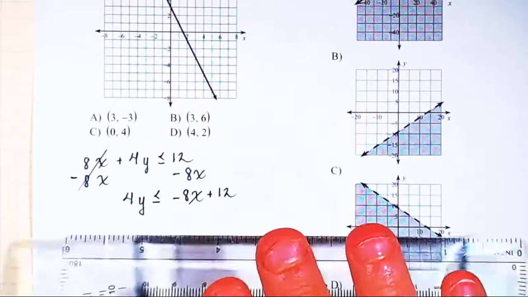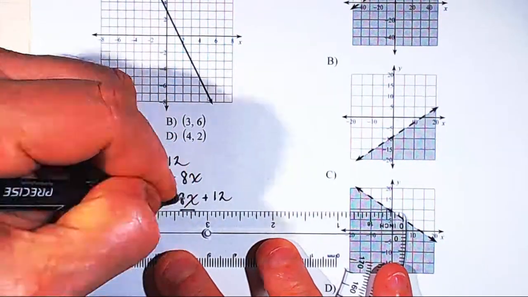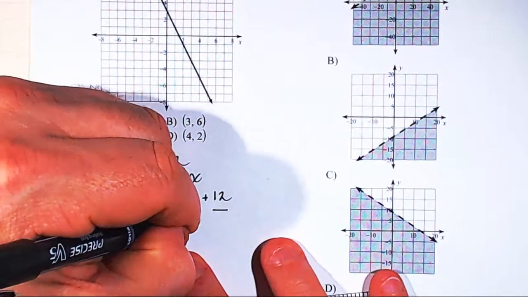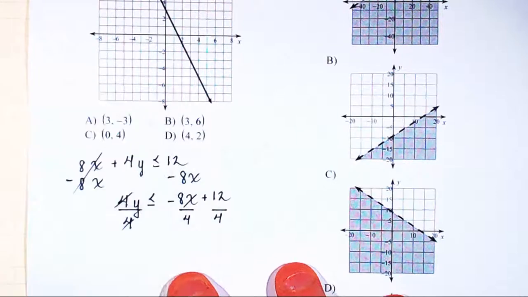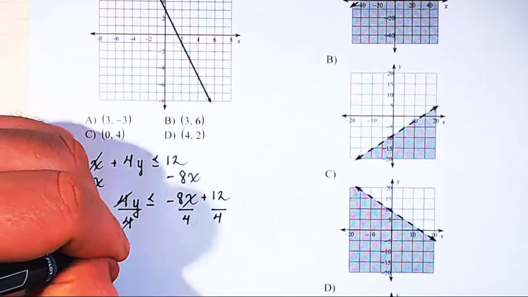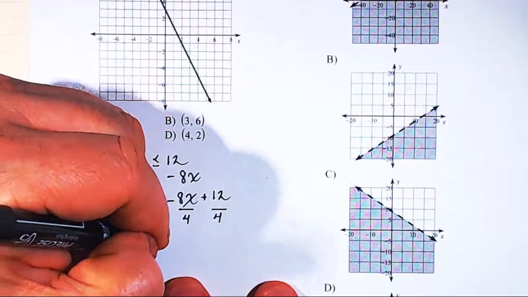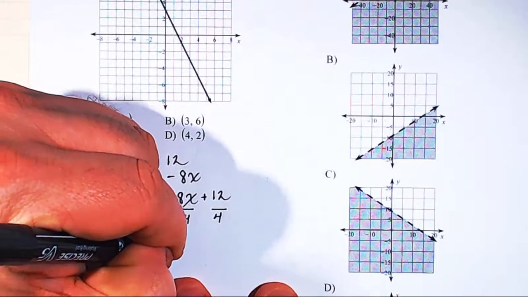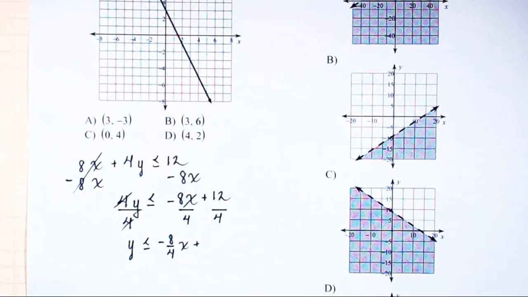Okay, now we're going to divide every term in our linear inequality by 4. Now doing this does not require us to flip the inequality symbol because 4 is positive. I can cross these out on the left, leaving y by itself. So y is less than or equal to negative 8 over 4x plus, what's 12 divided by 4?